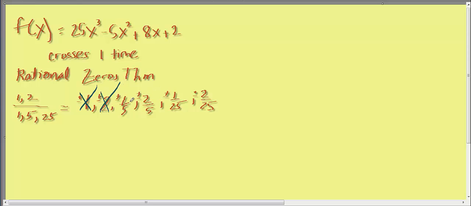And I know that I'm only going to be looking at negative 1/5, negative 2/5, negative 1/25, and, well, I guess also negative 2/25.